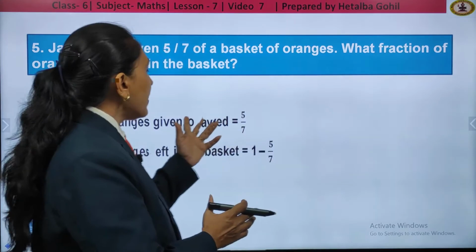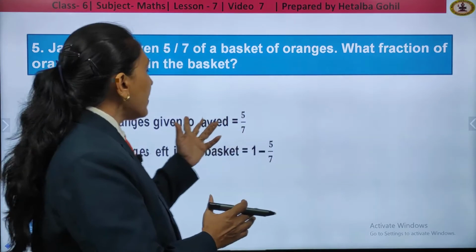Now, as there is no denominator here, I will take here as 1, and now taking LCM, we will get our LCM as what? We will get LCM as 7 only. Now, converting the denominators with 7 here, what I multiply with 1? 1 upon 1 into 7 by 7, I will get 7 upon 7, and as you can see, 5 by 7, 7 is already there in the denominator, I do not need to change anything.